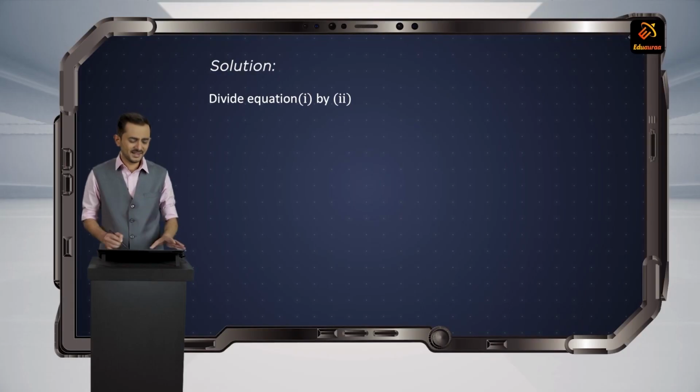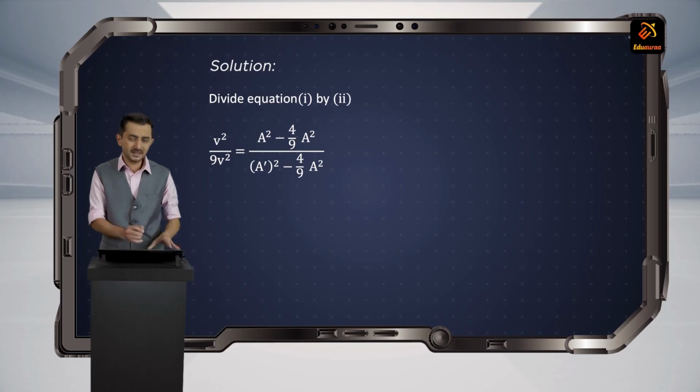Now we are going to divide equation number 1 by equation number 2. When we do that, students, first of all, omega square will get cancelled and we will be getting v square divided by 3v the whole square, that will give us 9 times of v square. This is equal to A square minus 2 by 3 a the whole square, which will give us 4 by 9 times of a square, the whole upon A dash square minus 2a by 3 the whole square, that will give us 4 by 9 times of a square.